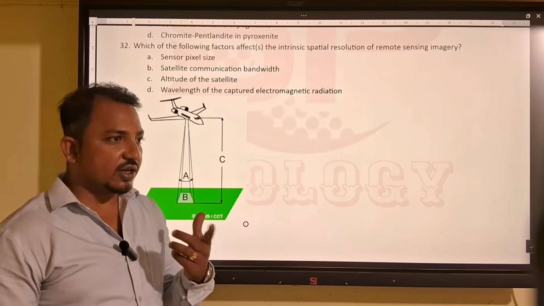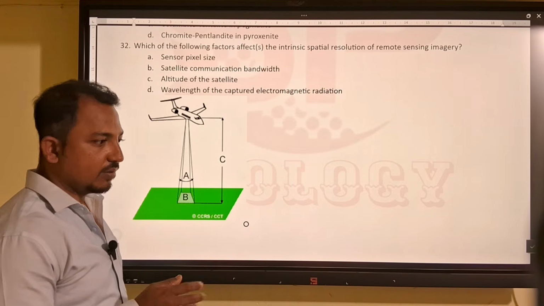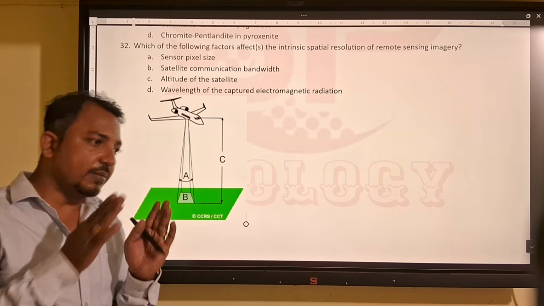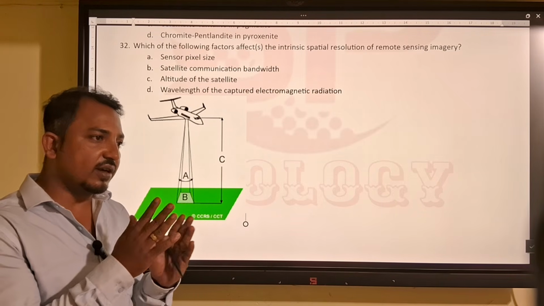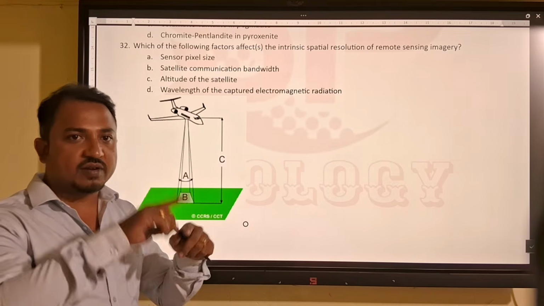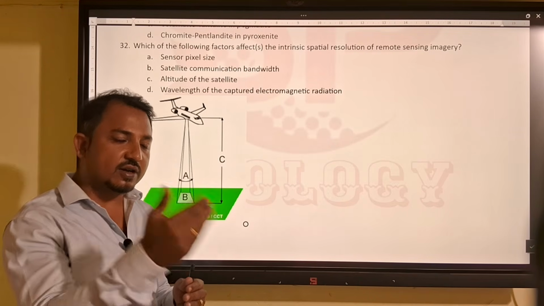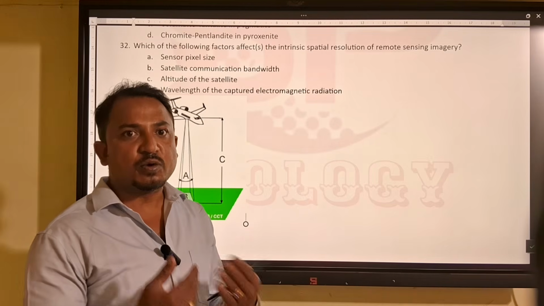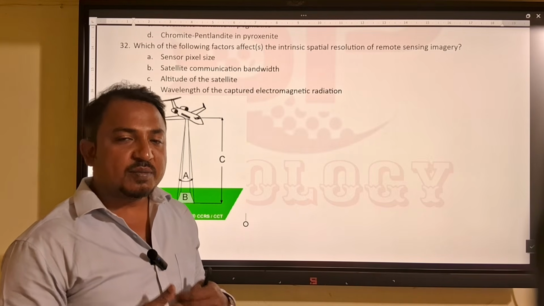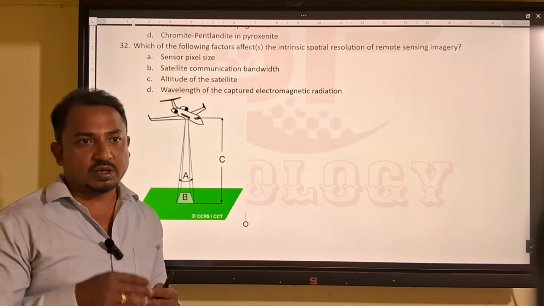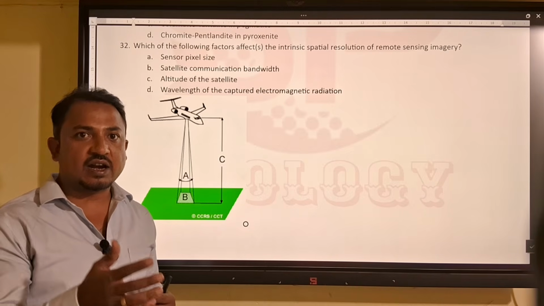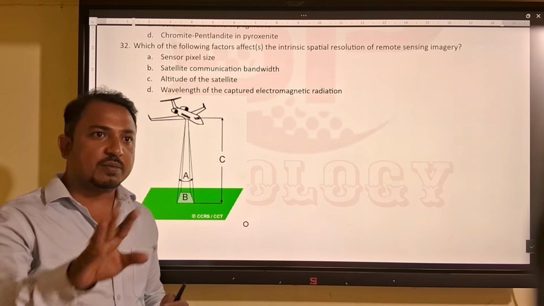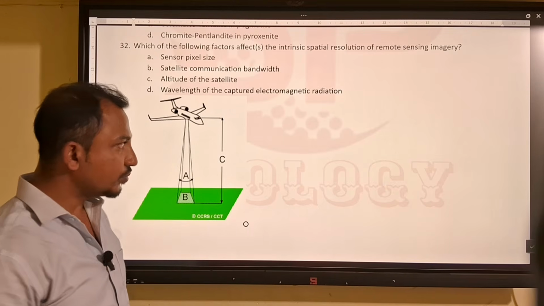Think of a spotlight. If you use a spotlight at a very great distance, it can cover a larger area, but if you use it at a smaller distance, it will cover a smaller area. Smaller area means more detail. Larger area means that if you use a spotlight to detect an object from a greater distance, it will cover a larger area, but the detailing will be missed.